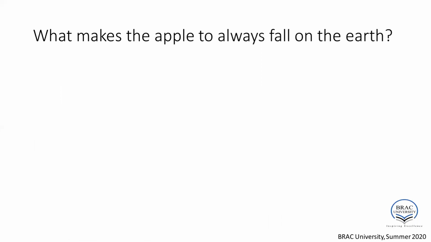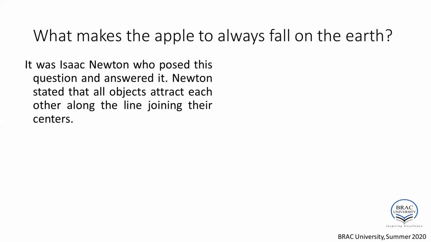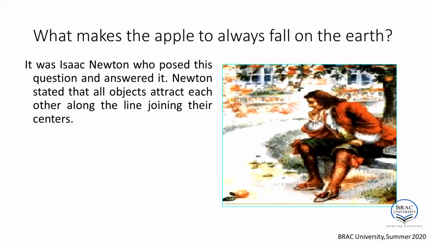What makes the apple always fall on the earth? Basically, this concept was raised by Sir Isaac Newton. So it was Isaac Newton who posed this question and answered it. Newton stated that all objects attract each other along the line joining their centers.